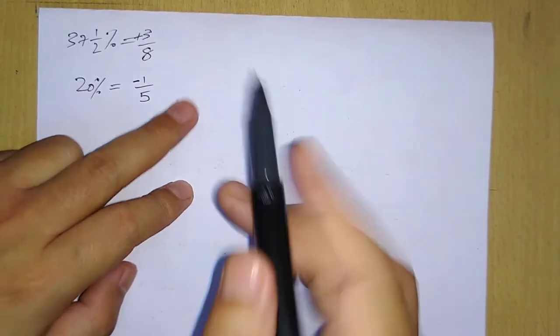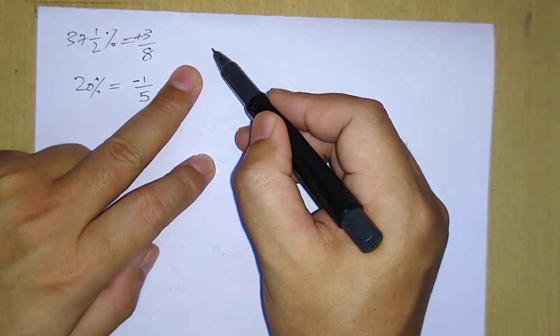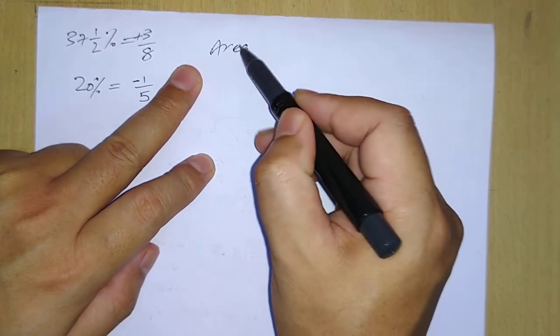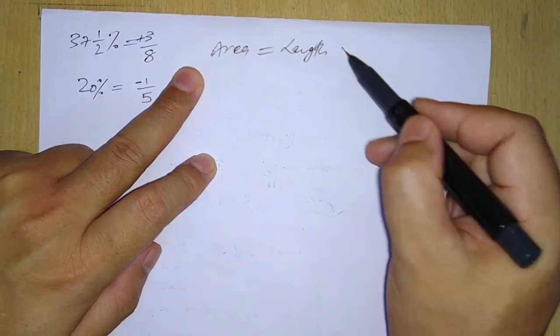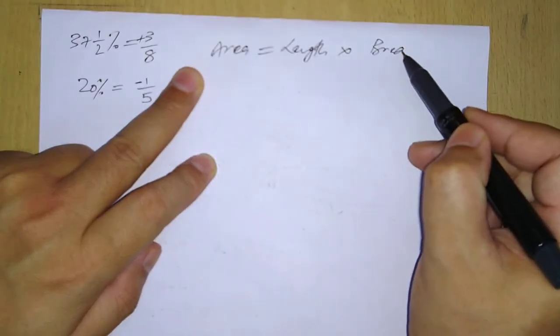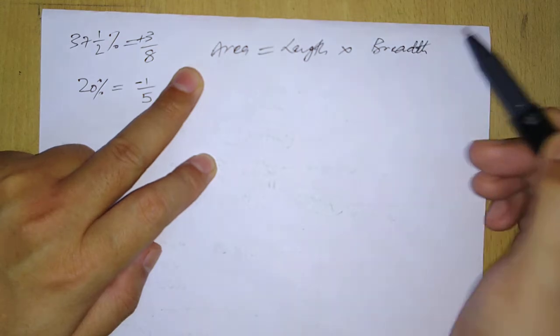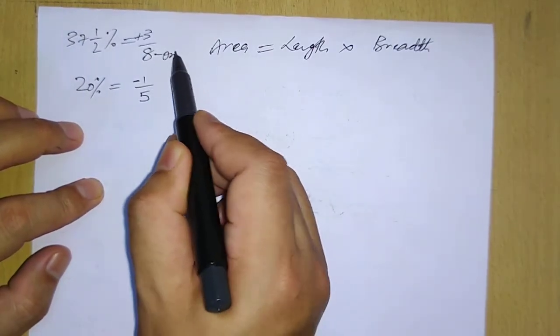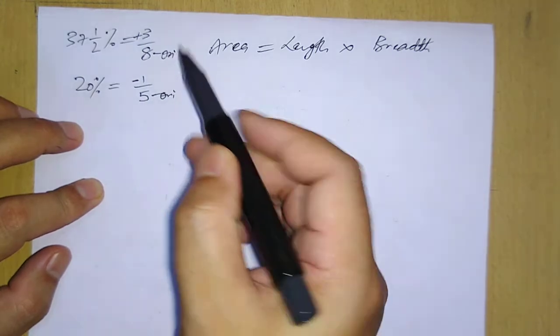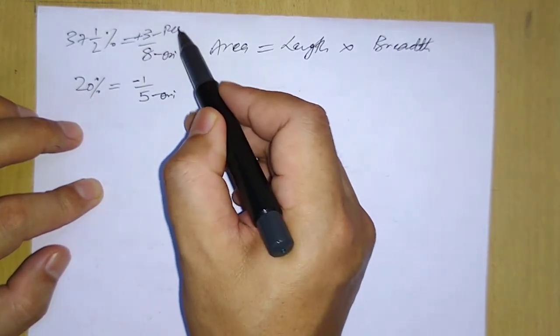Now we know the formula of area. Area is equal to length into breadth. Now this is the original number and this is the result.